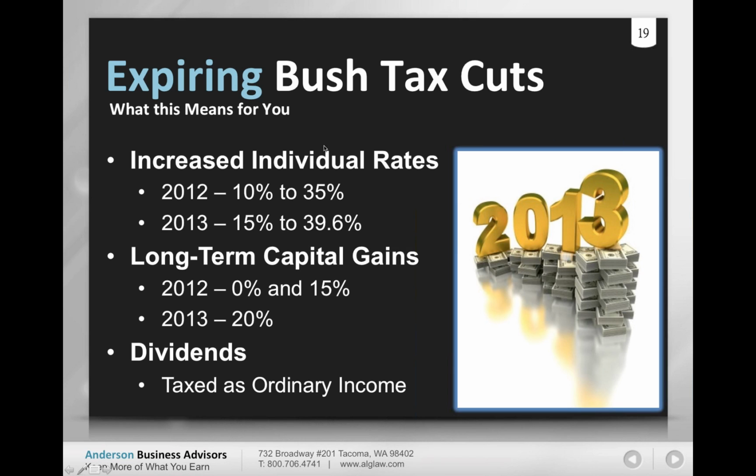And then if your adjusted gross income meets those limitations of $200,000 for a single return, or $250,000 for a married filing joint return, now all of a sudden I could be looking at 23.8%. If I do the math on that, that's over a 50% increase in tax.